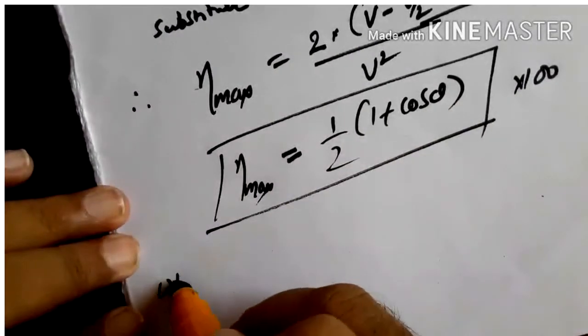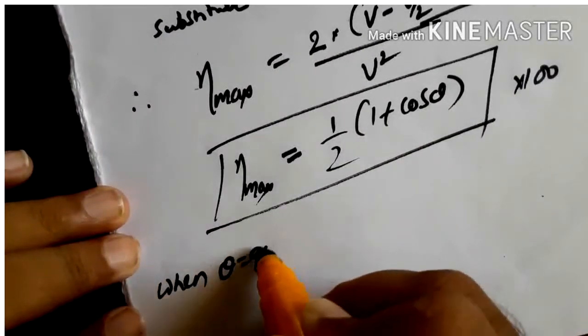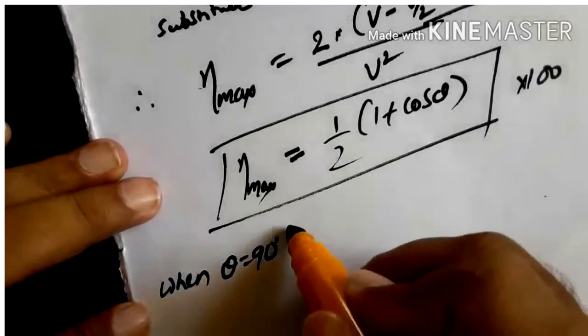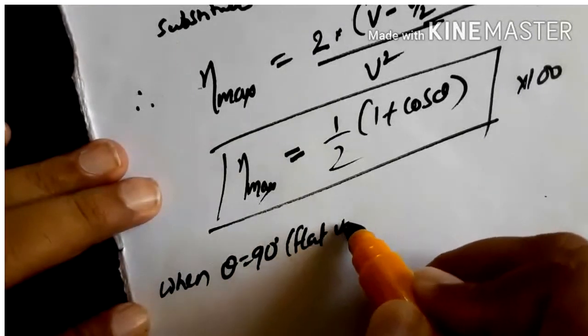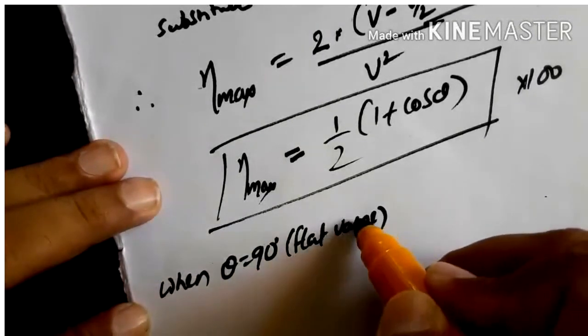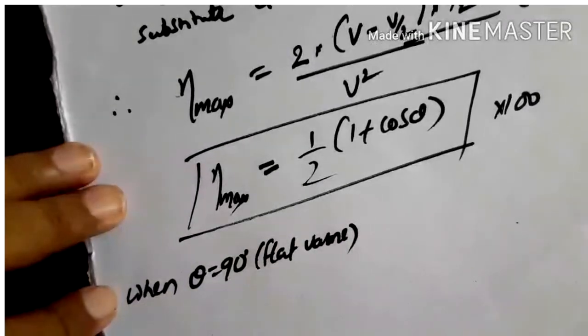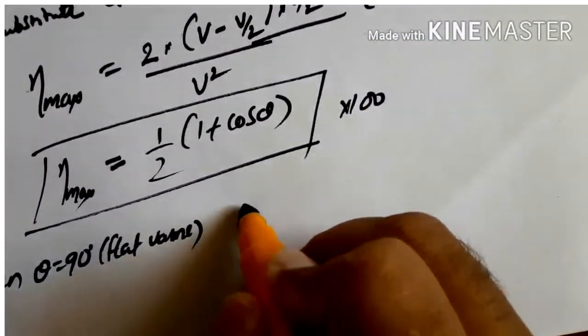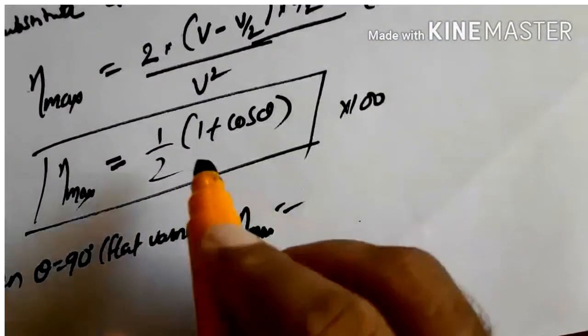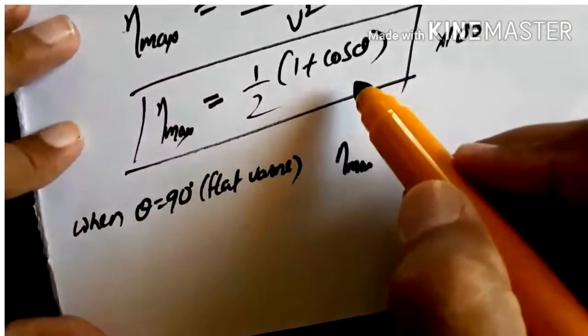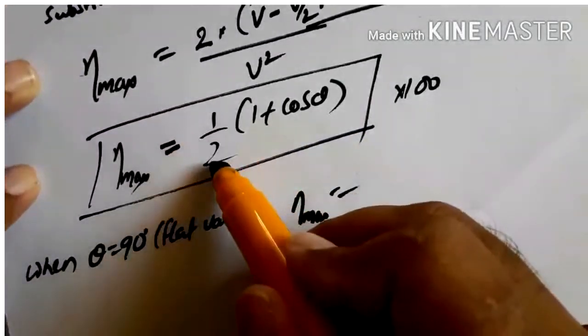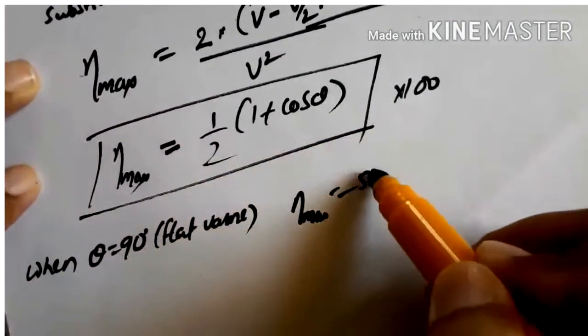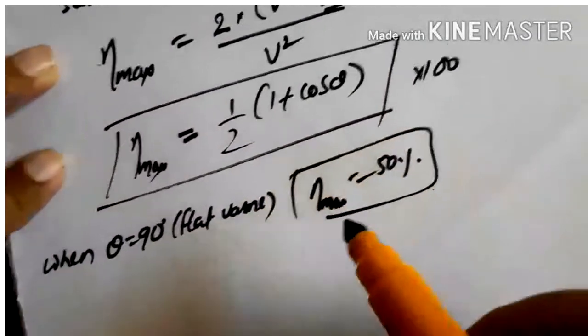When theta is 90 degrees, it becomes a flat vane. Cos 90 is 0, then half is 0.5, and 0.5 into 100 gives an efficiency of 50%.